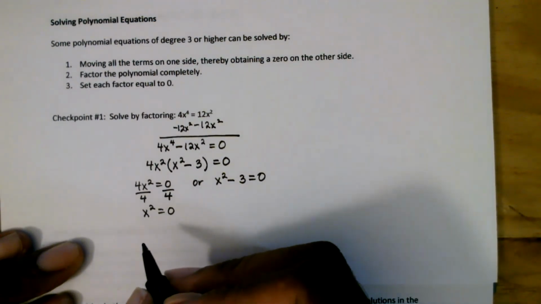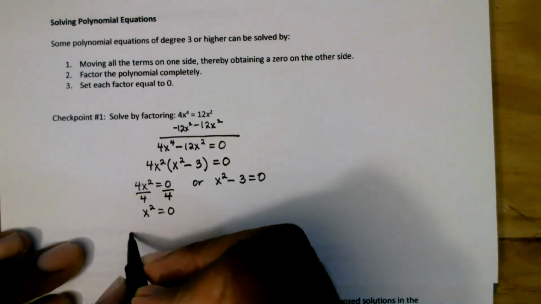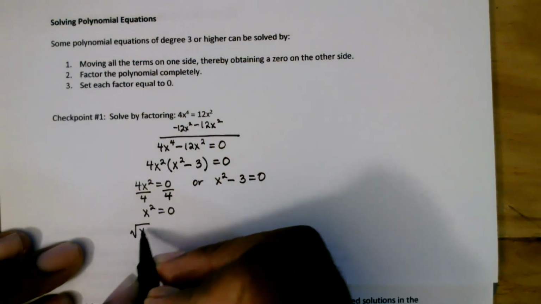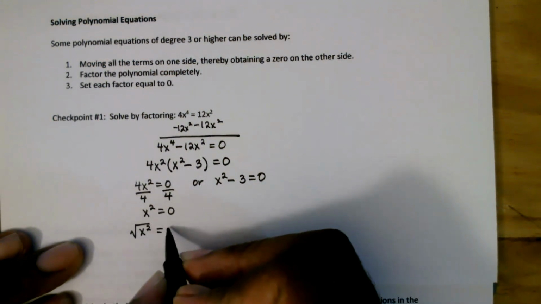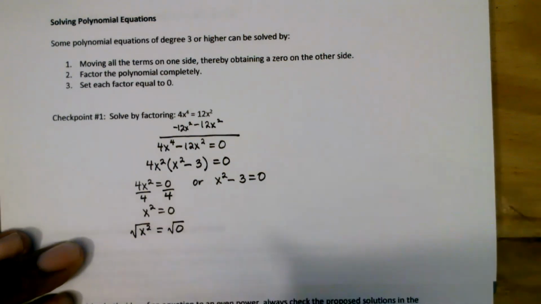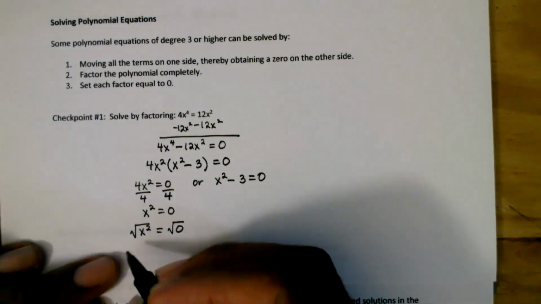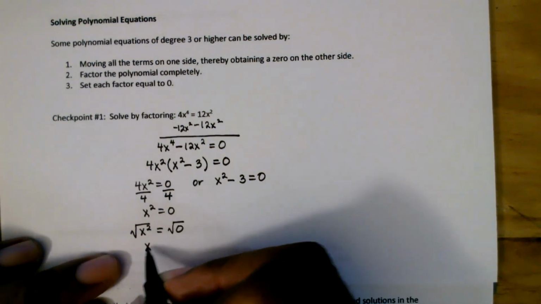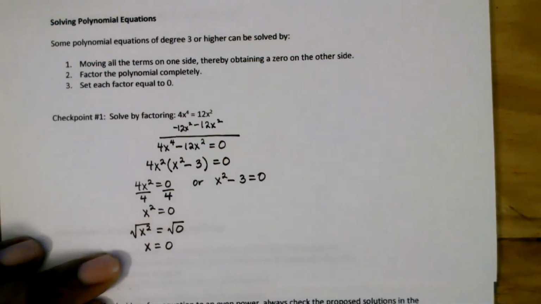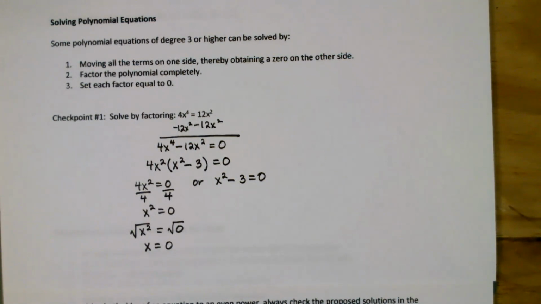And to solve for x, it's being squared, so the opposite will be to take its square root on both sides. And I'm not putting a plus or minus symbol there because 0 is neither positive nor negative. Okay, so the square root of x squared is x, equal to the square root of 0, which is 0.